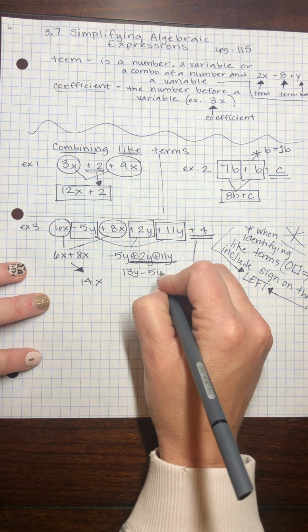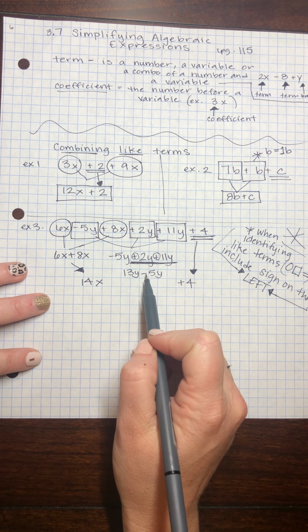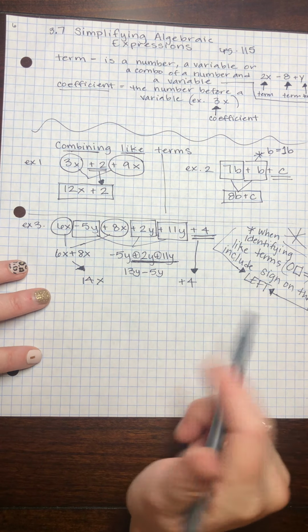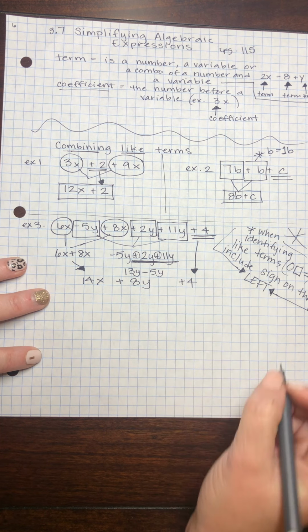Even though it came first, I can switch the order. The order doesn't matter, okay? So I have 13y minus 5y's. I don't know what y's represent, but there were 13, and then we took 5 away. So that means for my answer, I'm going to have 8 left over.